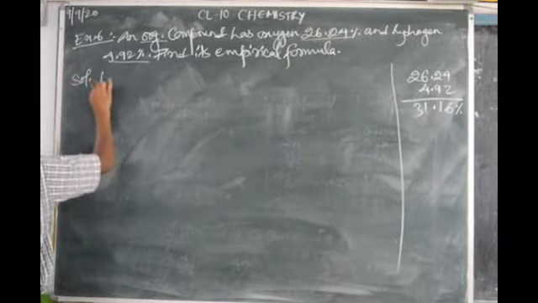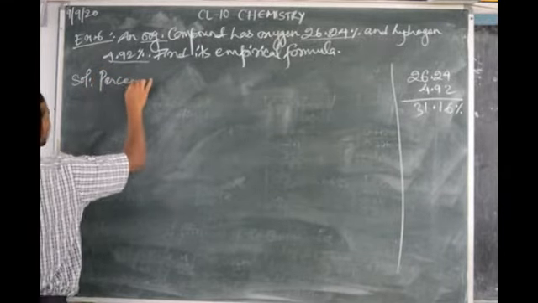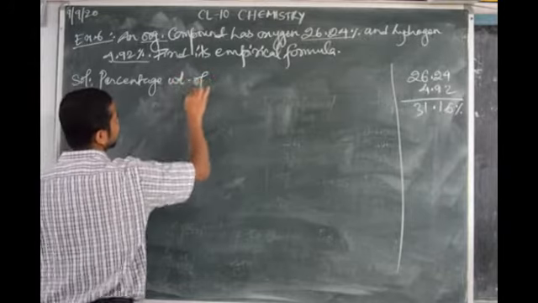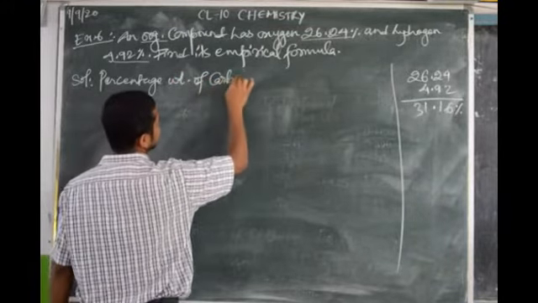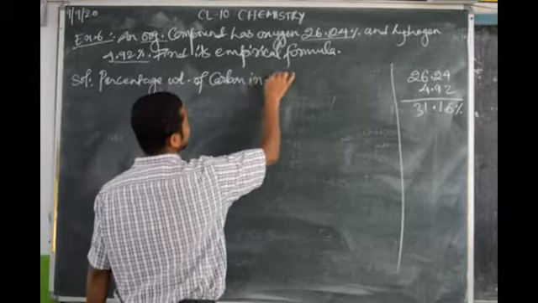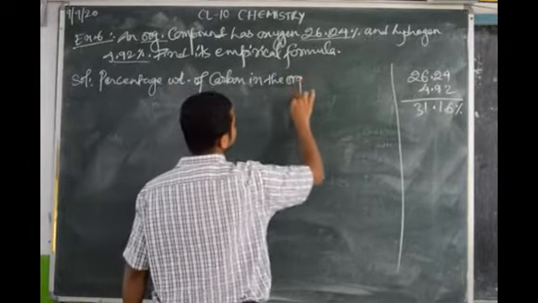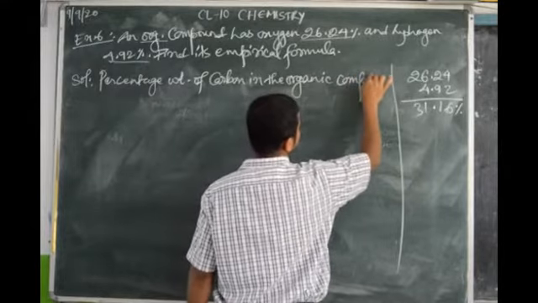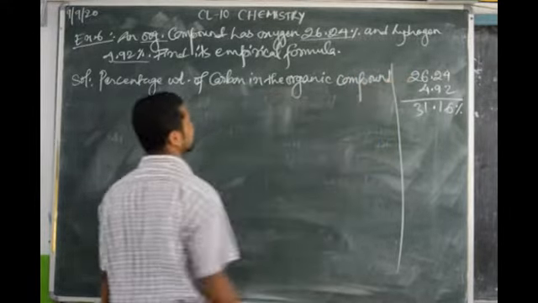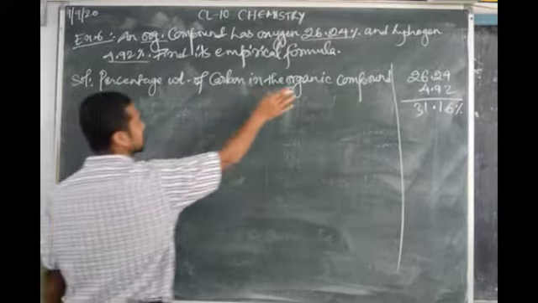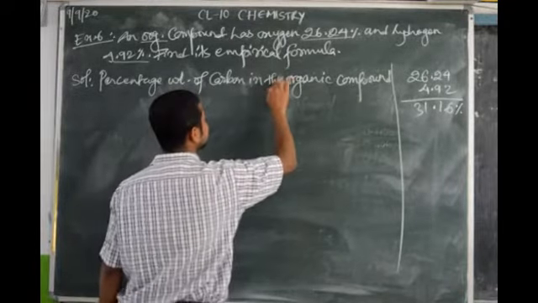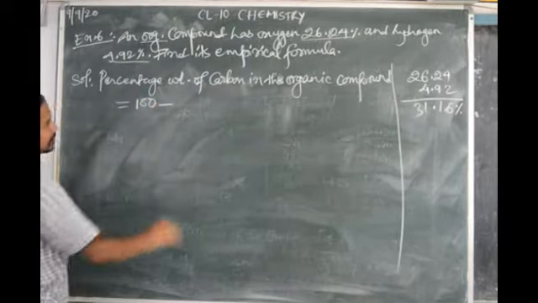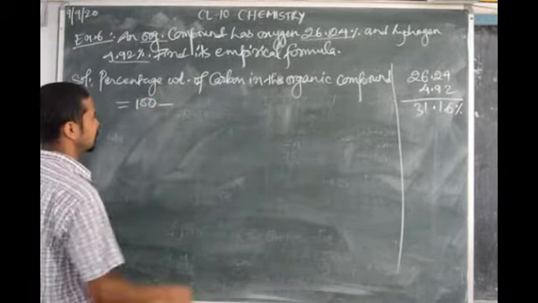So how do you find it? Solution: the percentage weight of carbon in this organic compound is equal to 100 minus how much you got? 31.16%.